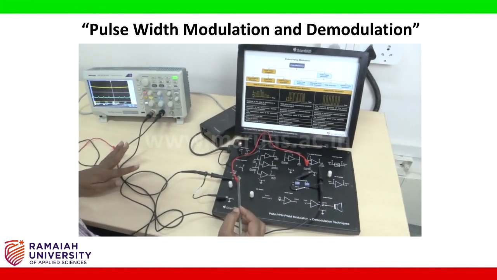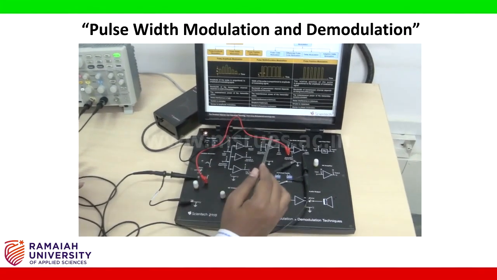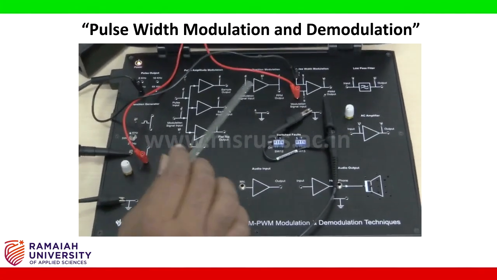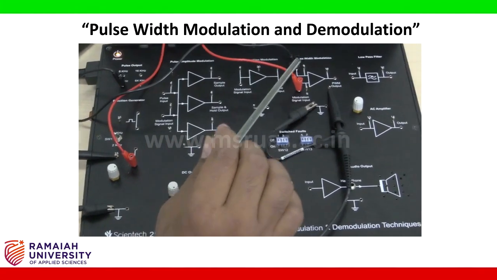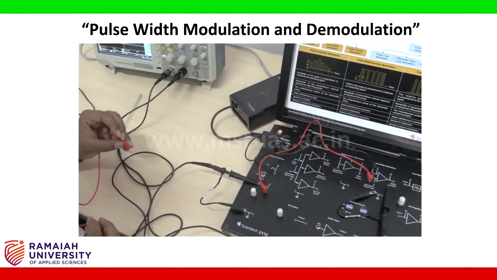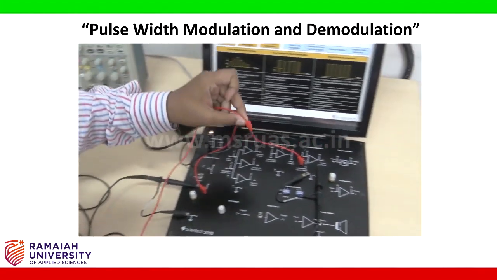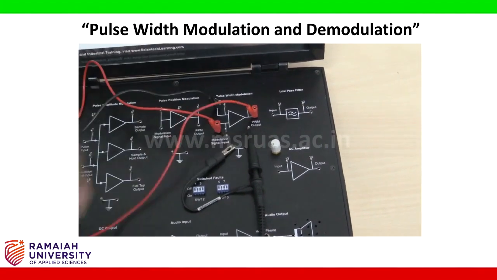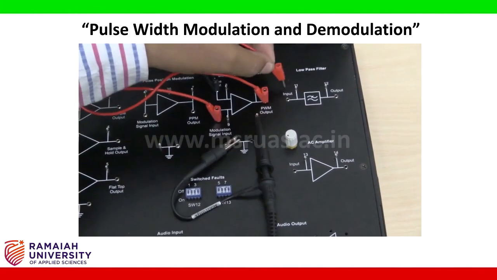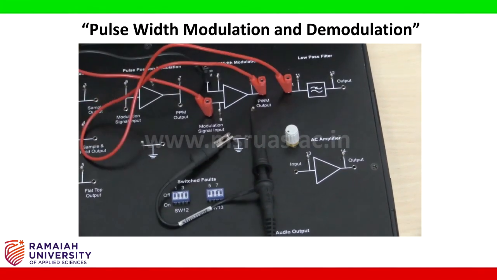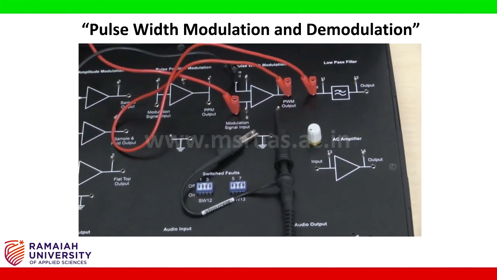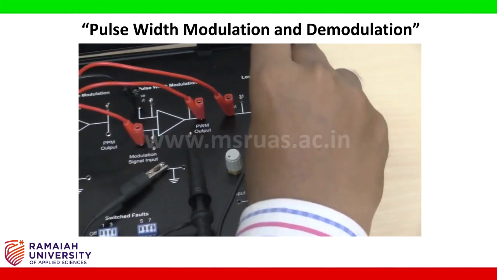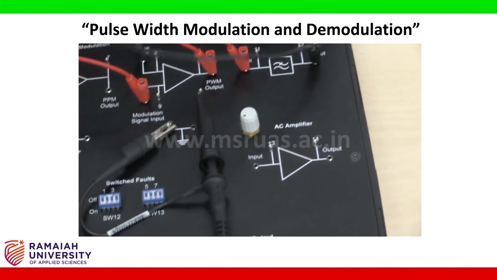The setup is the same as previously shown. Now I am going to add the demodulation blocks which are required. Take the connecting wire. Output of the pulse width modulation is connected to the input of the low pass filter, and then the output of the low pass filter is connected to the input of the AC amplifier.